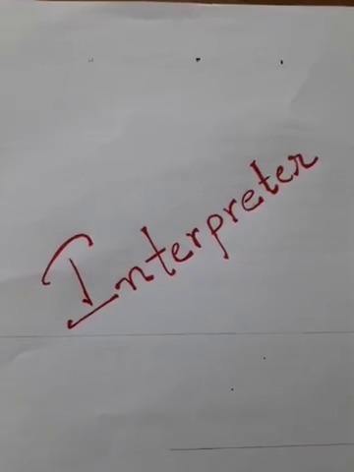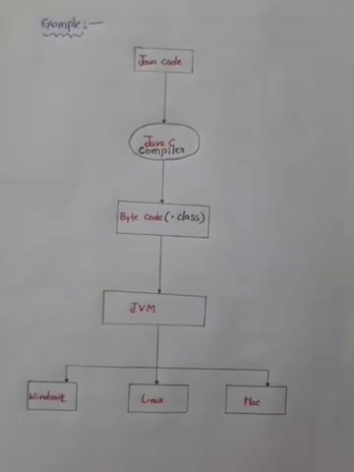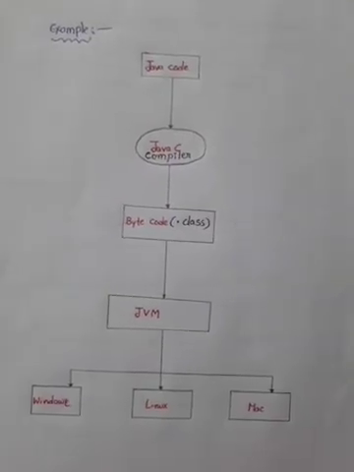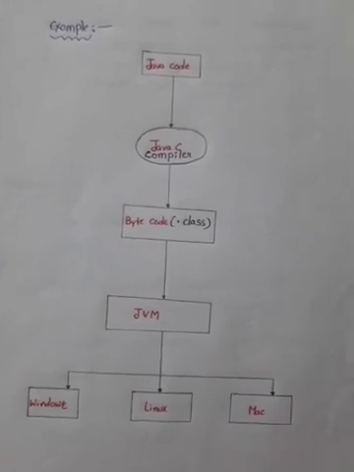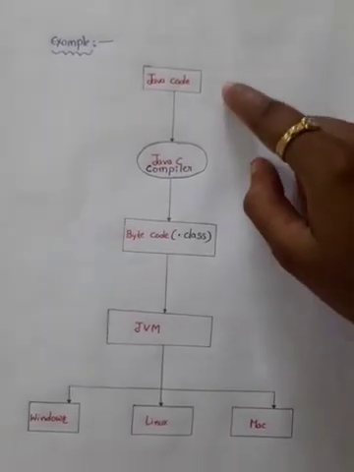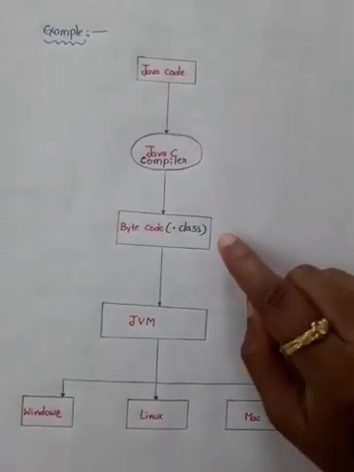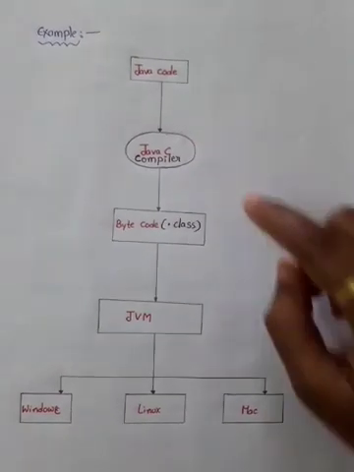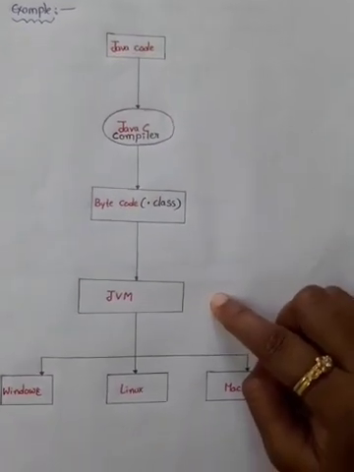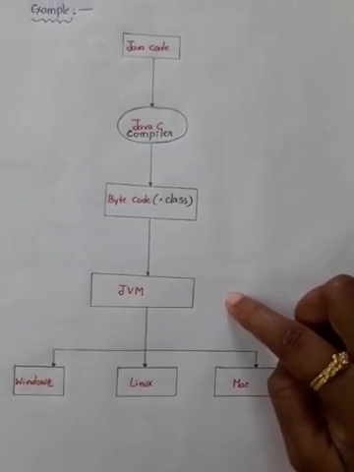Let us see a real-time example for the interpreter pattern. Here we can see the Java code. This Java code is converted into bytecode by using the Java compiler. Here we see the Java virtual machine. This JVM acts as an interpreter.